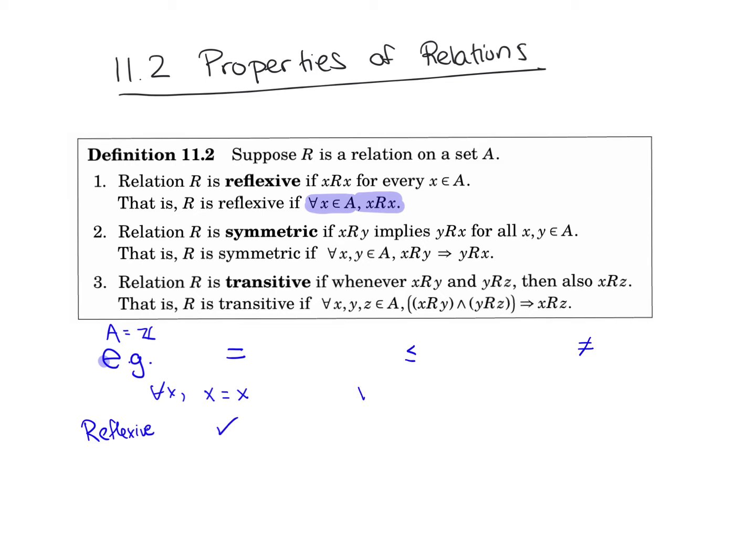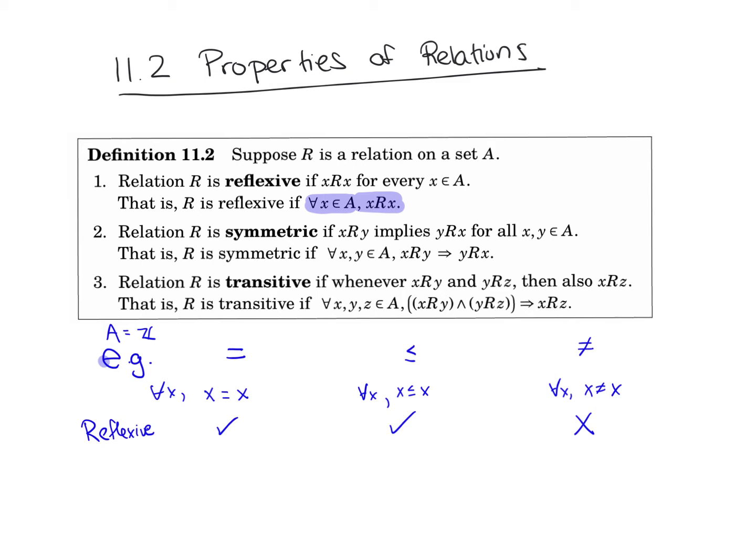Is it true that for all x, x is less than or equal to itself? Yes, that is true, so less than or equal to is reflexive. But if we consider for all x, x is not equal to itself, that one's not true. No x is actually not equal to itself, so that's not a reflexive relation.